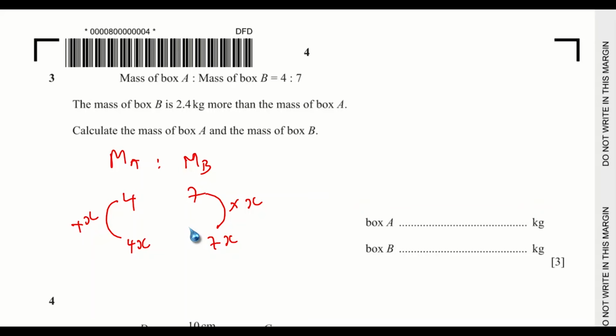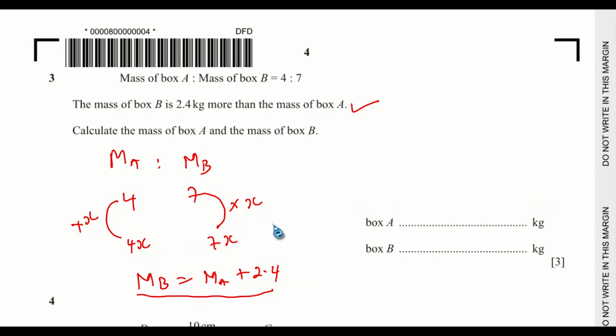Now, before then, we are told that the mass of box B, that is MB, let's take note of this from this statement: the mass of box B is 2.4 kilograms more than the mass of box A. So you have the mass of box A plus 2.4, and this will be the mass of box B. So let's take note of that.